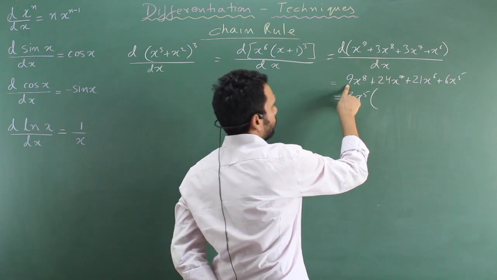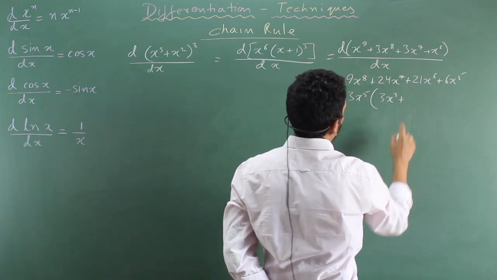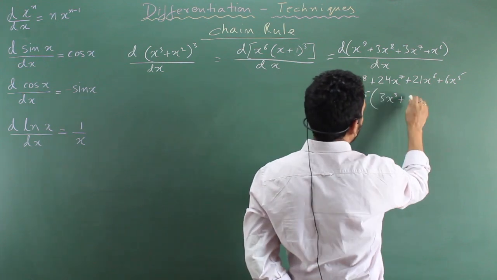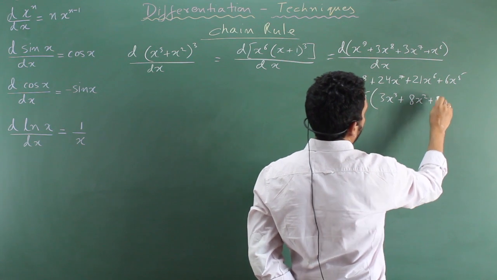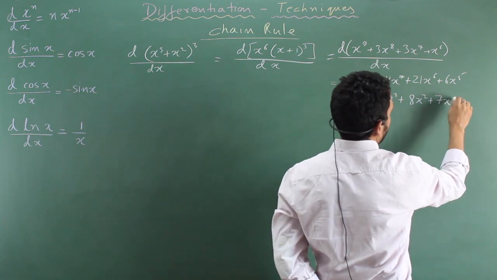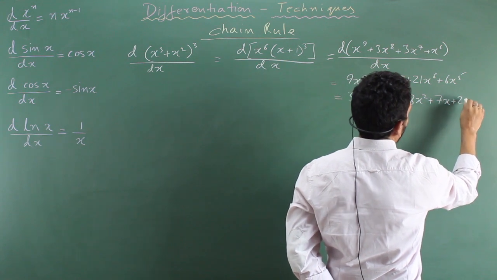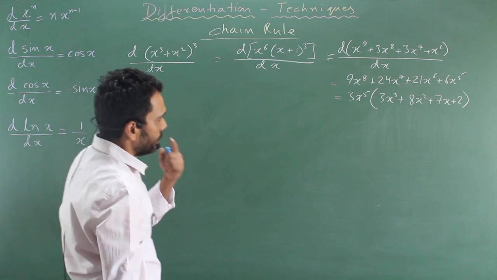What is the first term? It is 3 times x cube. The next term is 8 times x square. The next term is 7 times x. And the last term is 2 times 1, it's just 2. Right? So that's your answer.